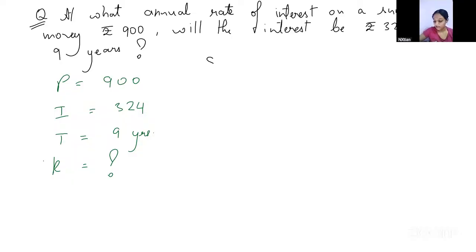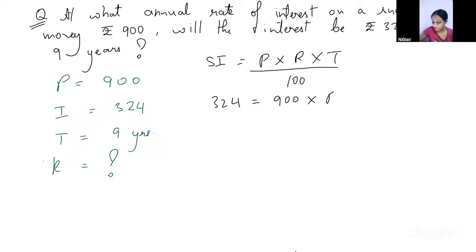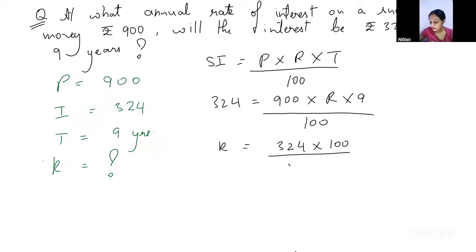Okay. SI equals PRT by 100. My SI is 324 equals 900 into R into 9 by 100. Then R equals 324 into 100 divided by 900 into 9.